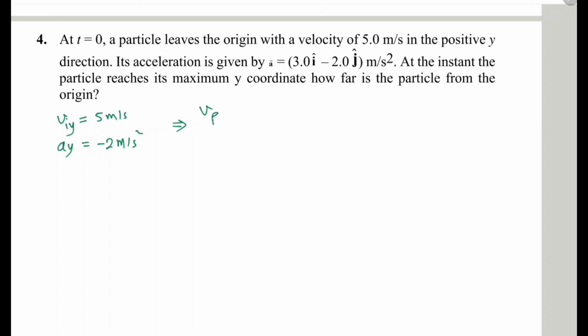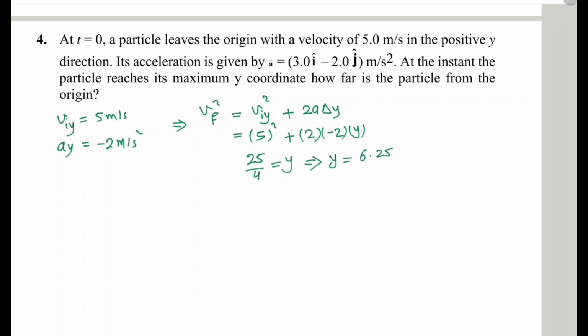Now v final y squared equals v initial y squared plus 2a delta y, or equal to 5 squared plus 2 times minus 2 y, so 25 over 4 equals y. In other words, y equals 6.25 meters.